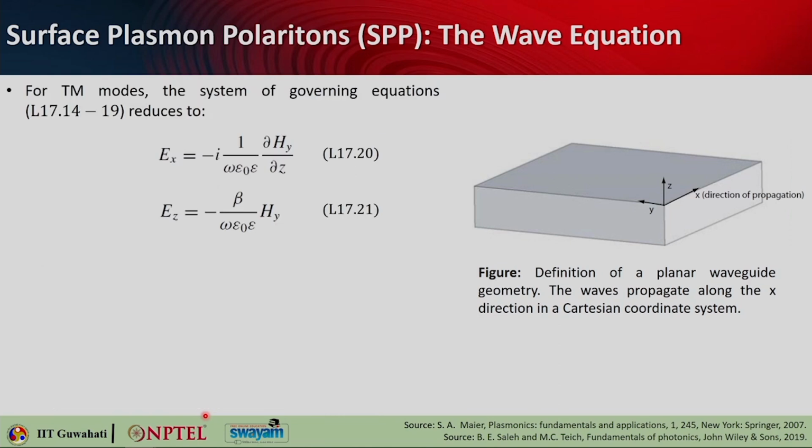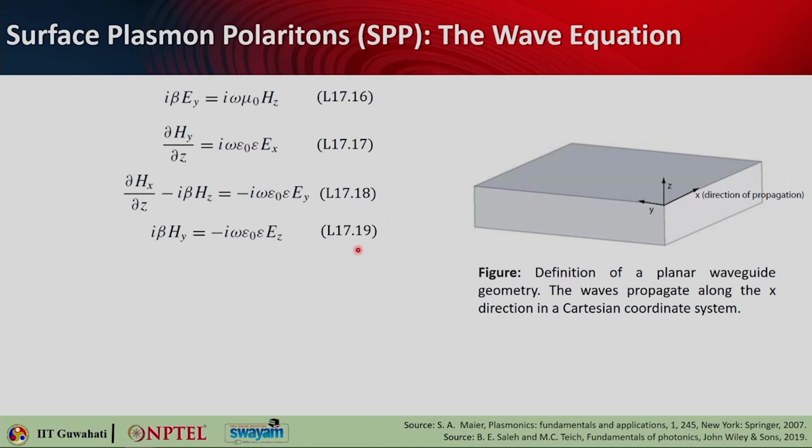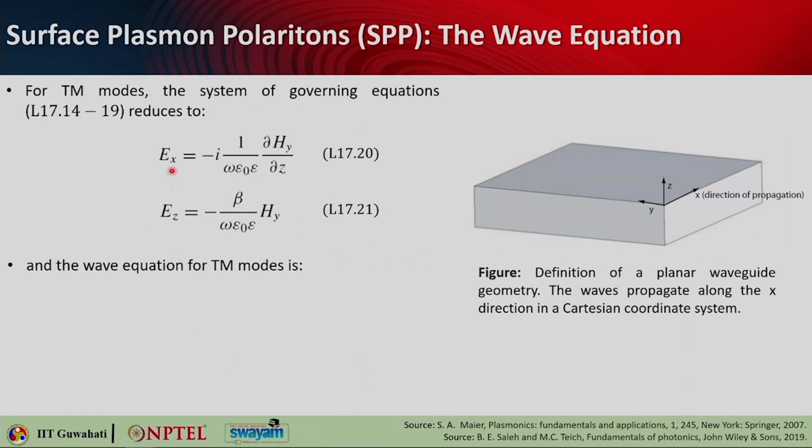If you consider only the TM modes, you can see that the system of governing equations, 14 to 19, these are the 6 interconnected equations. If you put these conditions that only Ex, Ez and Hy are non-zero, then the 6 equations boil down to this one.